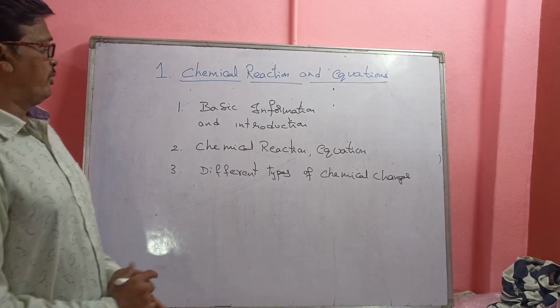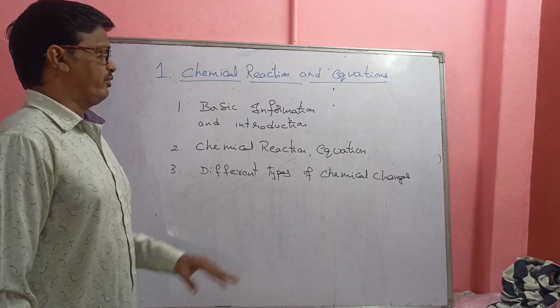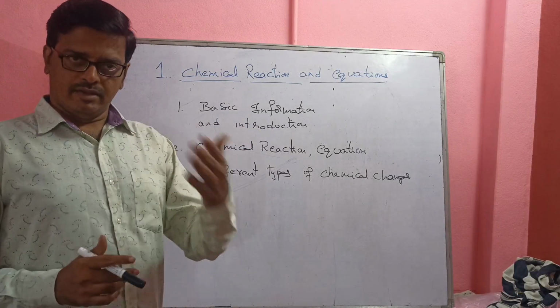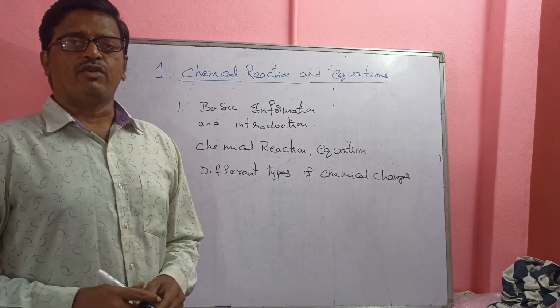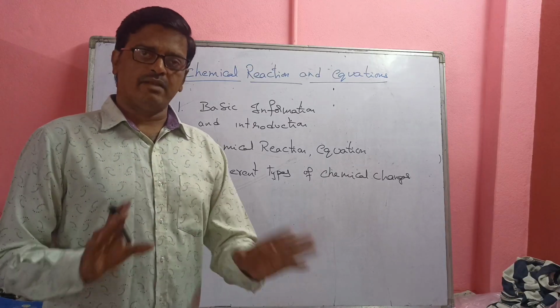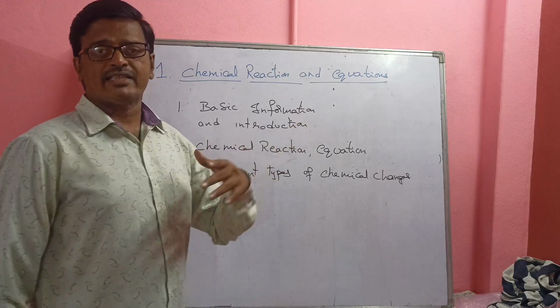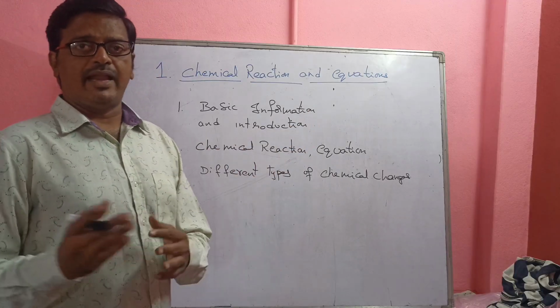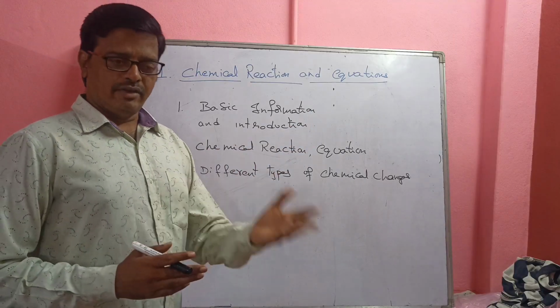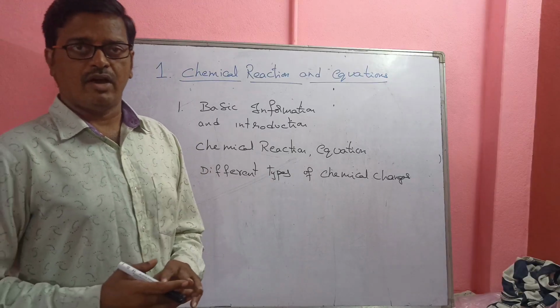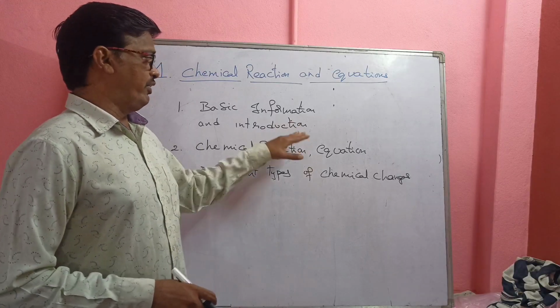Coming to basic information, we will discuss what are elements. The first 20 elements we should all learn. After that, what is the difference between atom and ion? How different atoms or same atoms combine to form molecules or compounds? That also we will discuss.